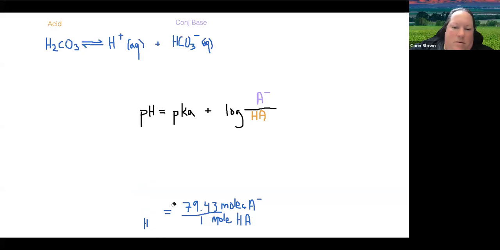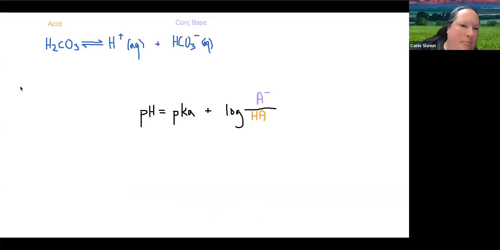So what we're doing now is actually a really cool application of a buffer. So let's say that we have an ice table. So our initial amount here is going to be whatever concentration we started with in terms of our bicarbonate.